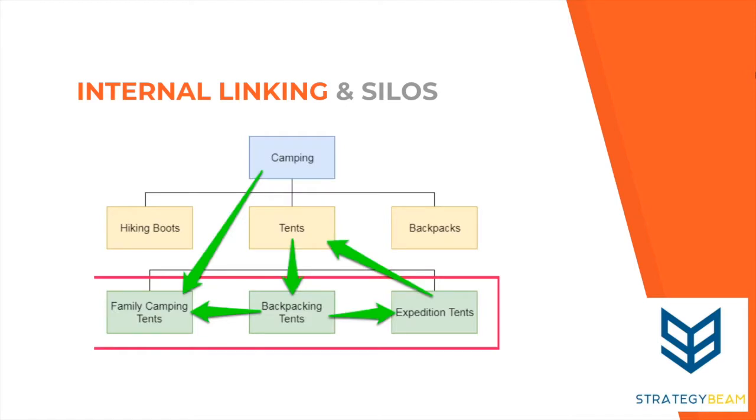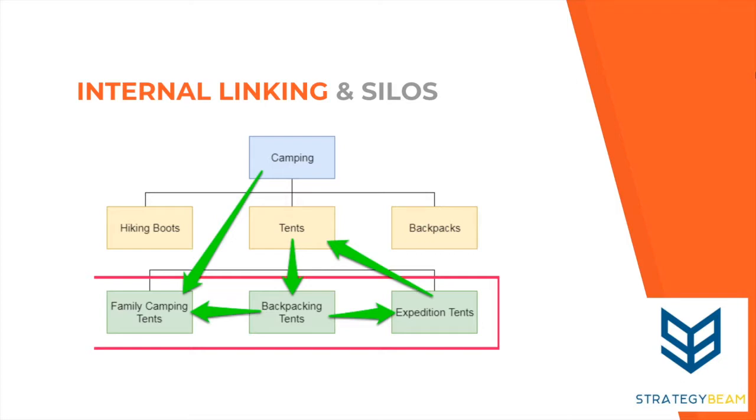So here's an example of internal linking and silos working together. We have the same example from the silos video that we looked at last week, that we can have the main category page of camping pointing to other child pages within tents, but tents only.